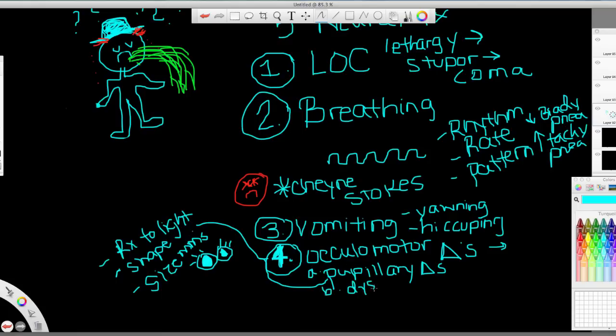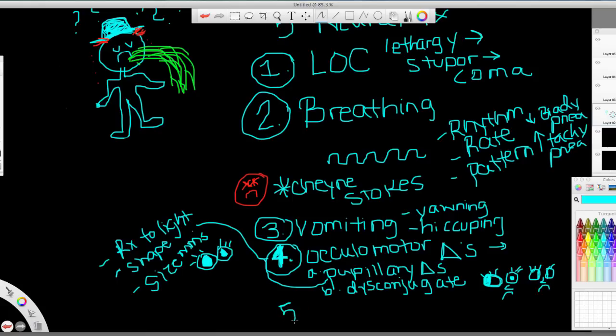So disconjugate gaze tells us that there's something going on with the neural control of the eye. So disconjugate gaze would be like if one eye is looking upward, the other is facing centrally. Or maybe they're both deviating in. Sign that something bad's going on.